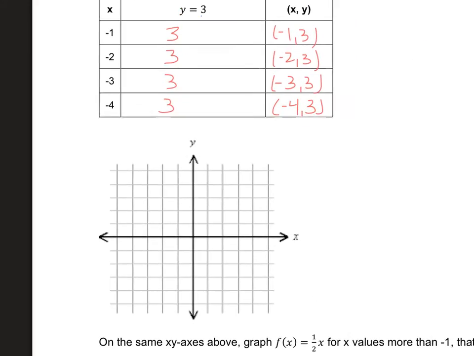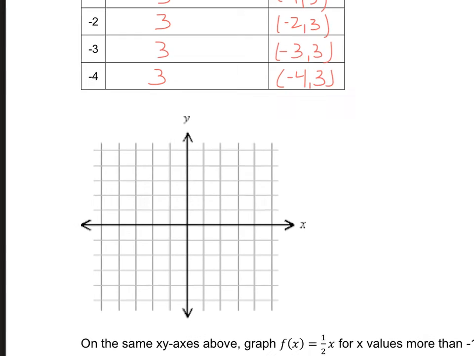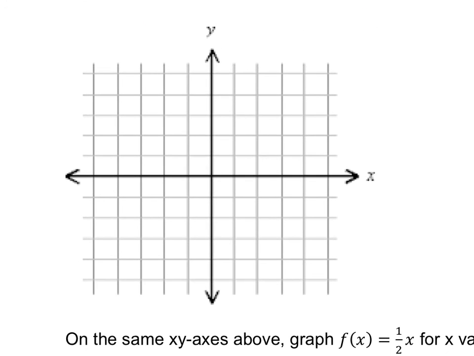So plotting those, we're going to include the point (-1, 3) because negative 1 is included for this piece of the graph. So we get that point, (-2, 3), (-3, 3), (-4, 3), and we connect those, and again, this gives us a horizontal line. All the y values are 3.